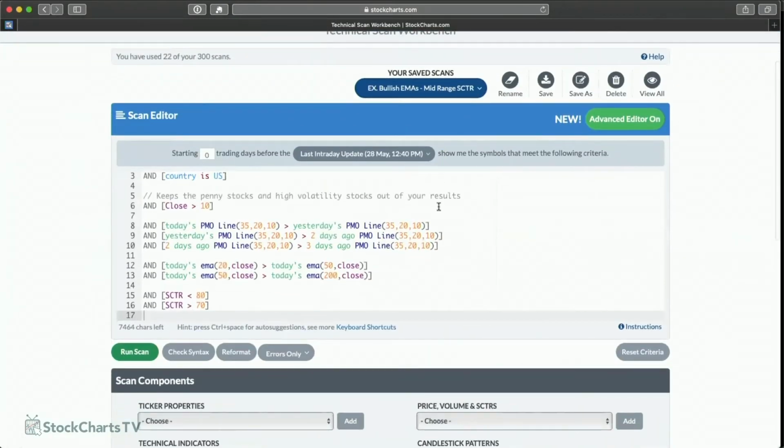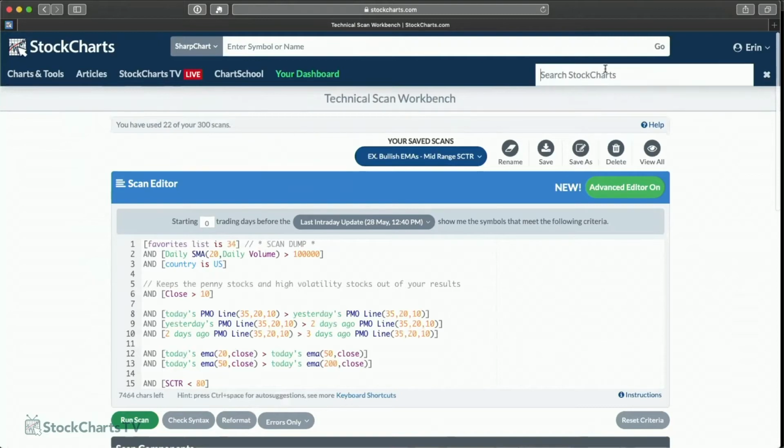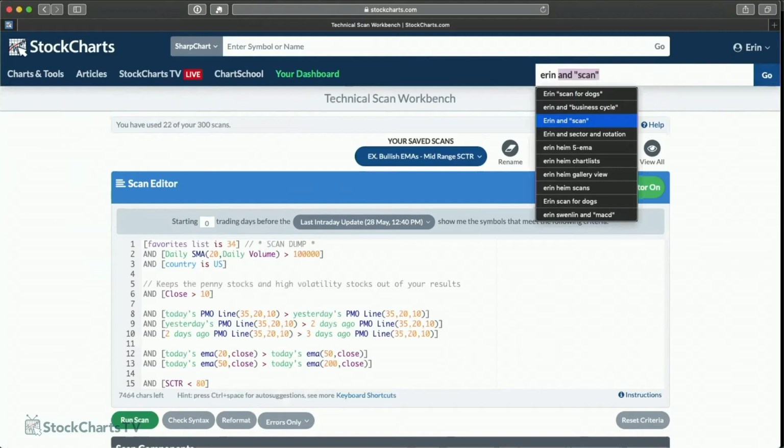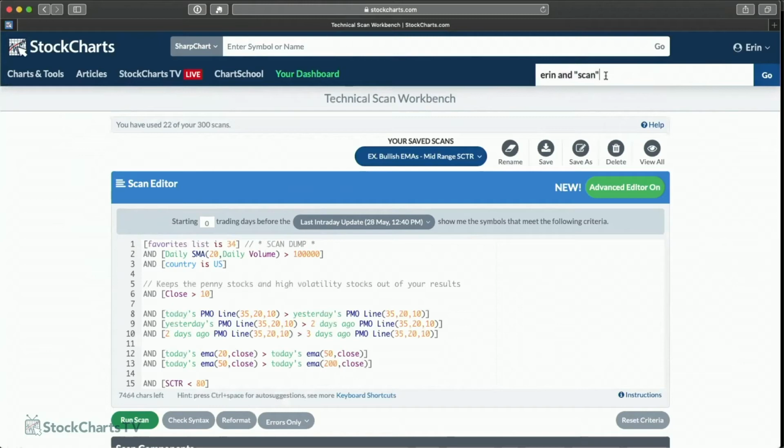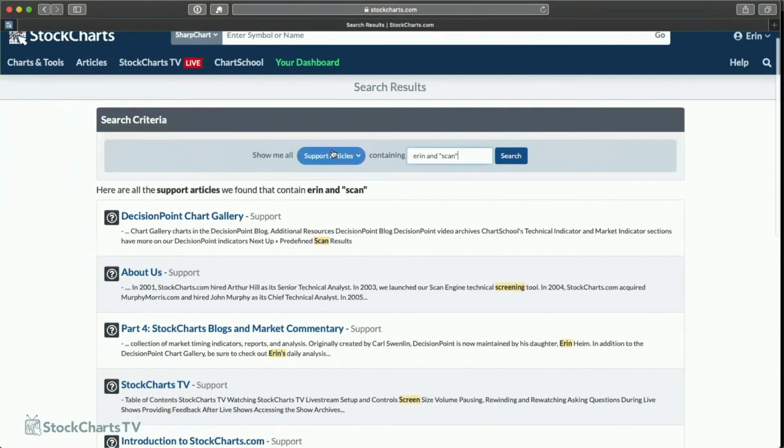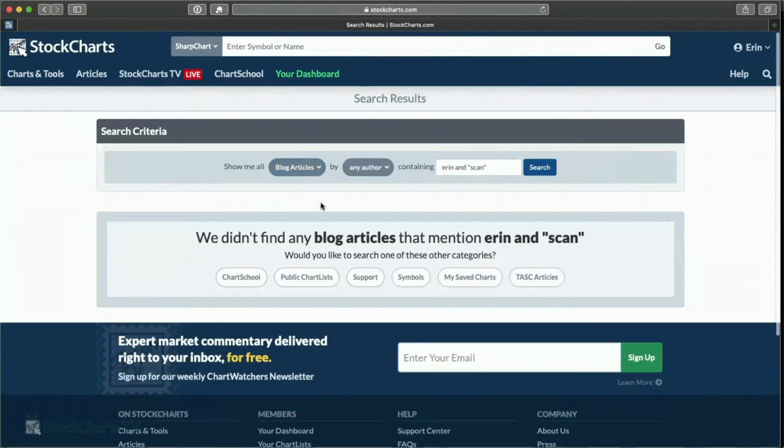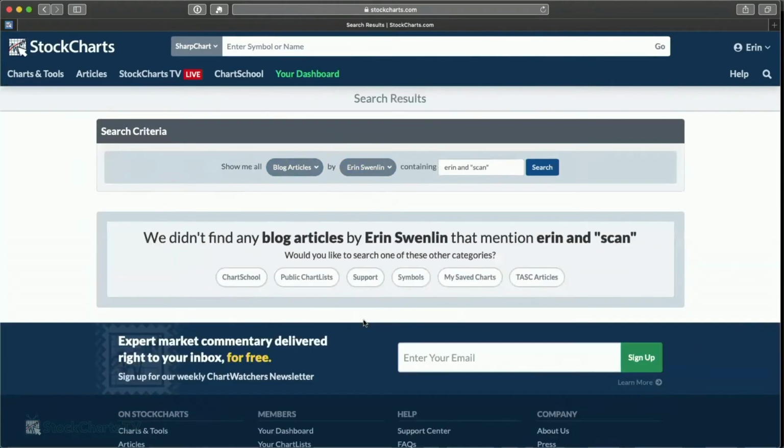Yes. All right, so if you're interested in my scans or this recent one, do a search on Erin Swenlin and scan.